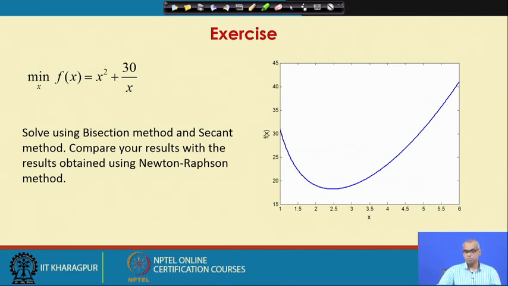Note that the minimum will lie between 2 to 3, around the 2.5 value we obtain using the Newton-Raphson method. So, with this we will close lecture 25 and our discussion on single variable unconstrained optimization methods.